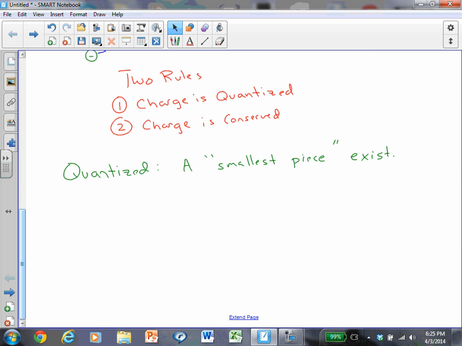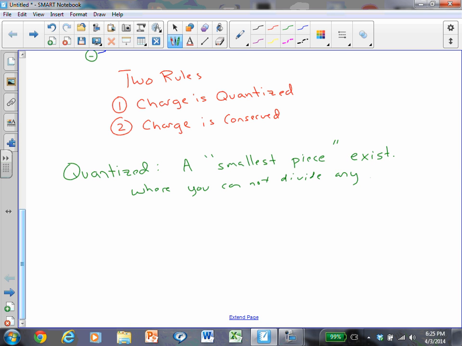Where it can't be divided any further. So you can't break it down any further past that charge.